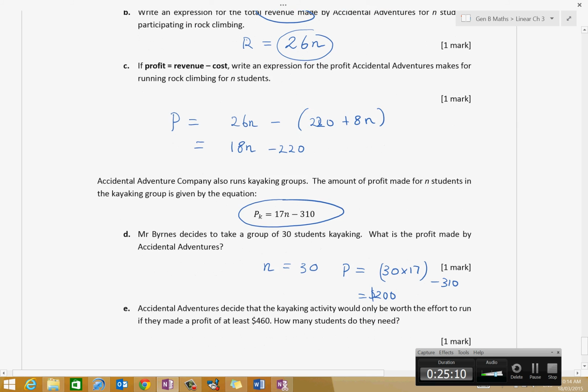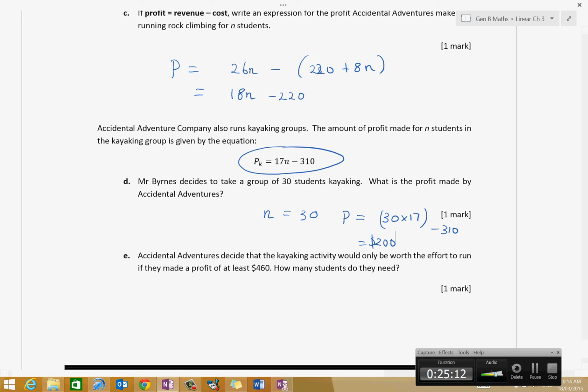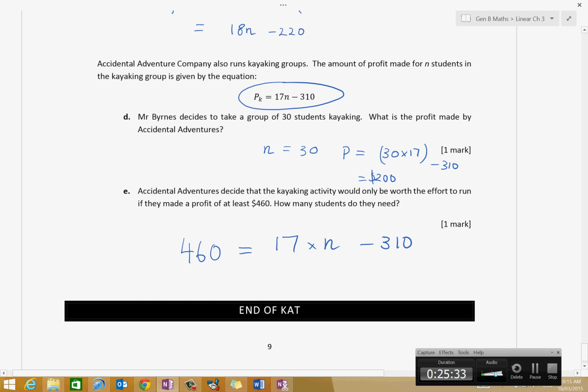Simple substitution. And finally, the company decides that the kayaking activity would only be worth the effort to run if they made a profit of at least $460. How many do they need to sell? Well, if this is $460, you can solve it. And we're going to do it by hand. 17 times N minus 310. What am I going to do to both sides? I'm going to add 310.